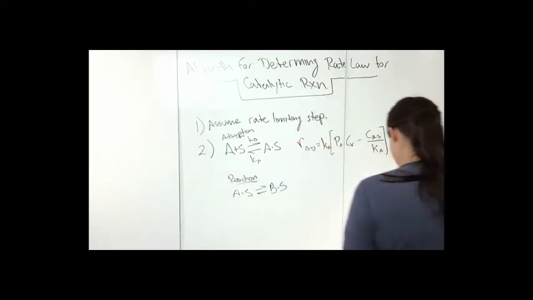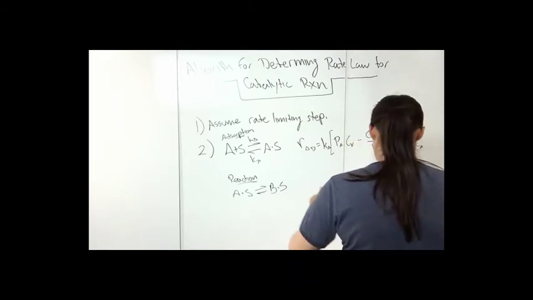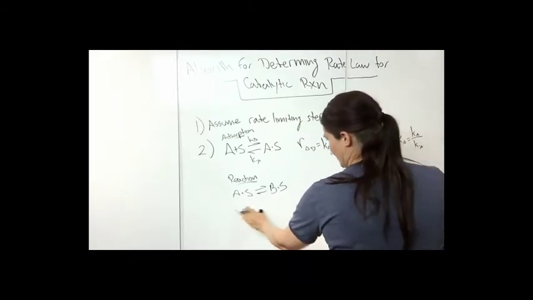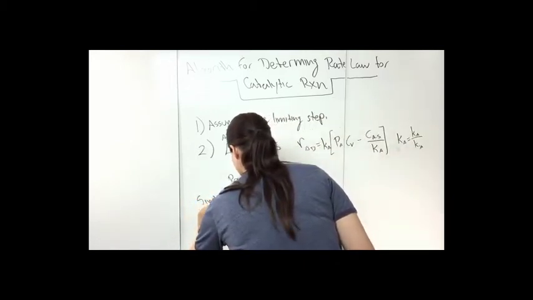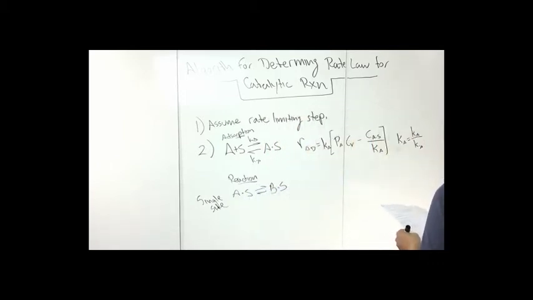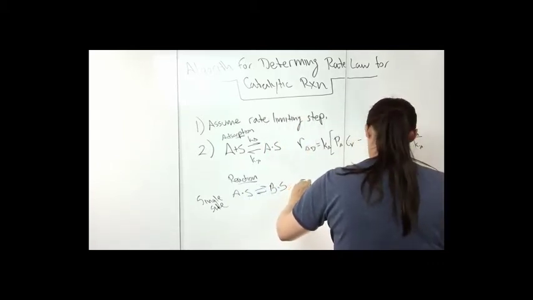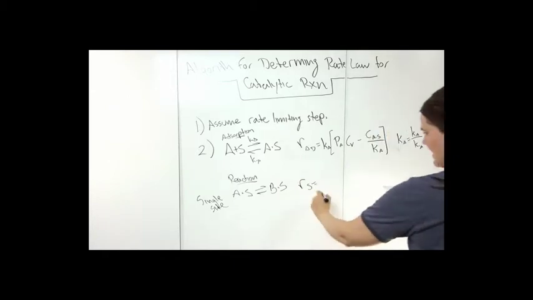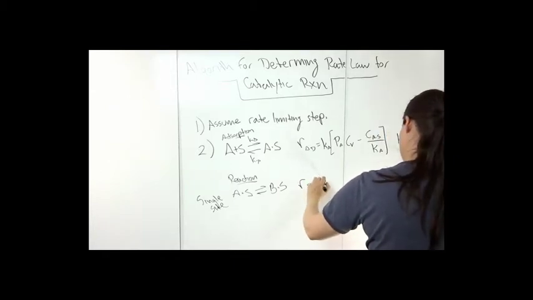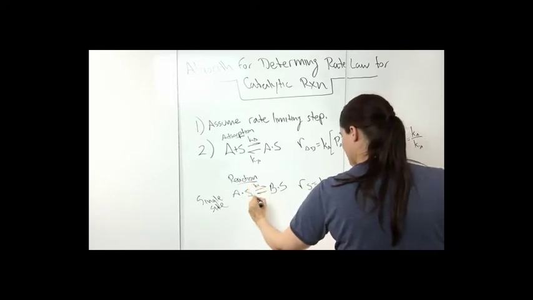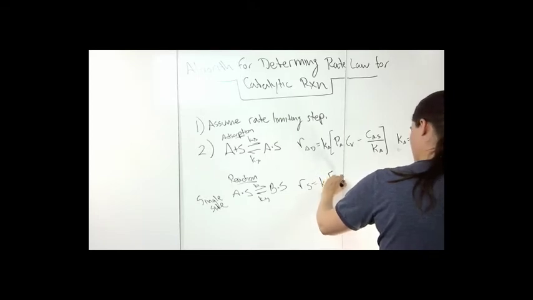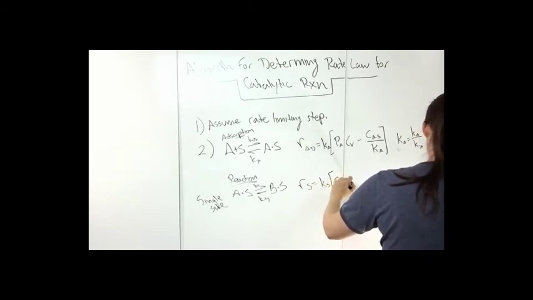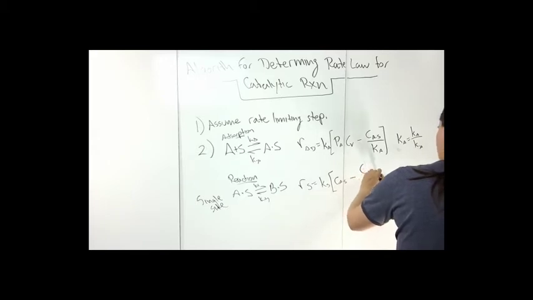And this would be for a single site, so this would be r_S, and I'm just going to say S for the reaction, is equal to k_S, where this is k_S, k_-S, and so this is k_S times C_A·S minus C_B·S over K_S.